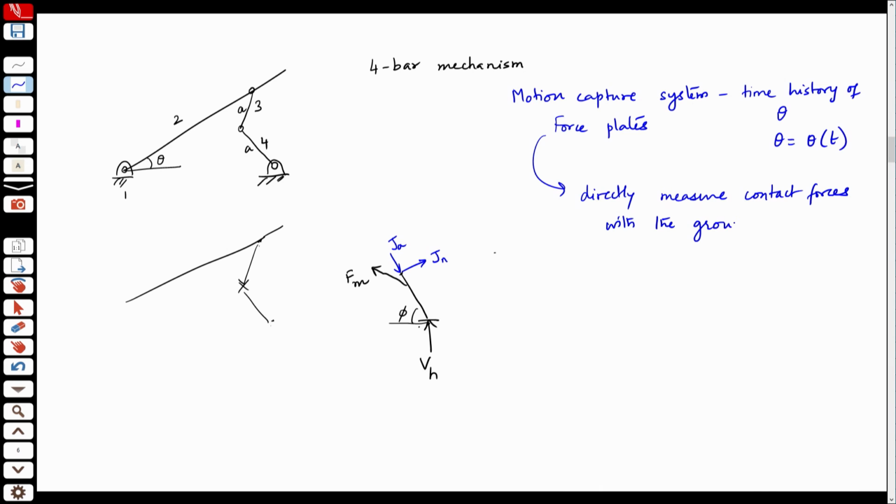In biomechanical analysis, typically both are measured, although if I just know the kinematics, I should be able to get the dynamics. But in a lot of biomechanical analysis, and you will see that later when we look at walking, there are a lot of errors associated with motion capture systems. Motion capture systems typically have a marker attached to the body, and they track the motion of that marker.